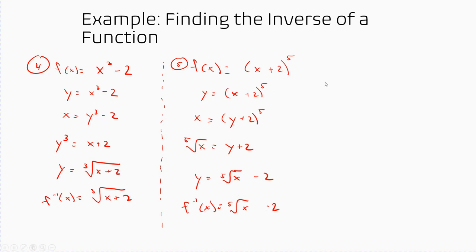All right, let's try some rational expressions, or rational functions here. So let's try this one. Let's find the inverse function of f of x is equal to x plus 2 over x minus 3. Okay, we got this.